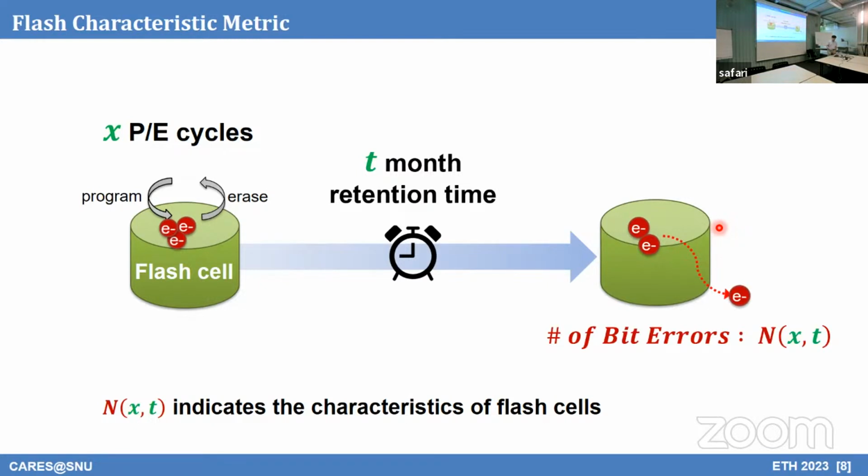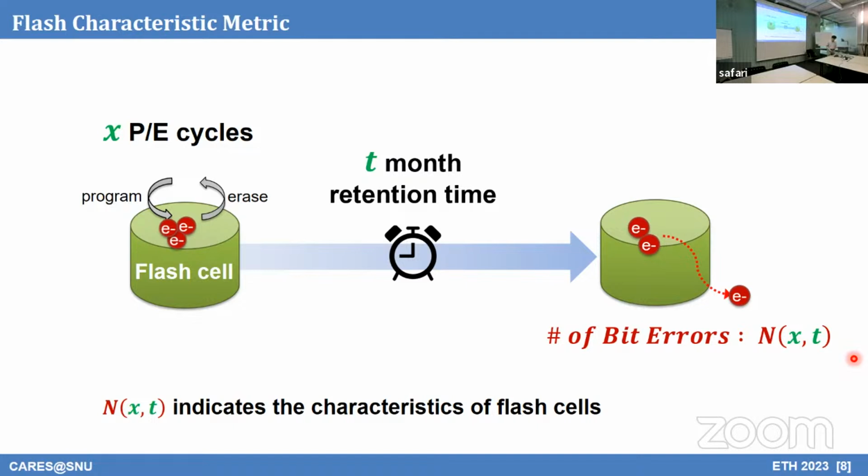We call this sequence of program and erase a program erase cycle, or in short, PE cycles. After X PE cycles, we wait T months, which we call the retention time, just leaving the data there, and then we calculate the number of bit errors. We denote this as N(X,T). This is a typical metric when we evaluate flash cell wear status.